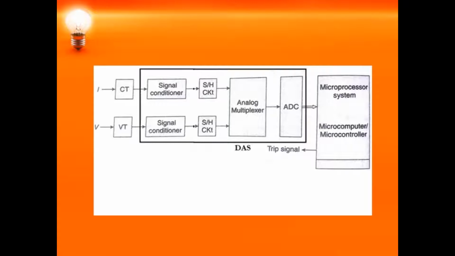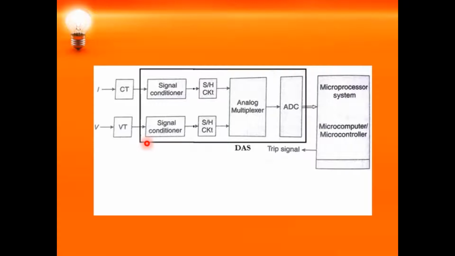Primary transducers are nothing but the CTs and the PTs, or the voltage transformers, and these are sampled at specified instants of time, and then converted to digital form for analysis or for recording.